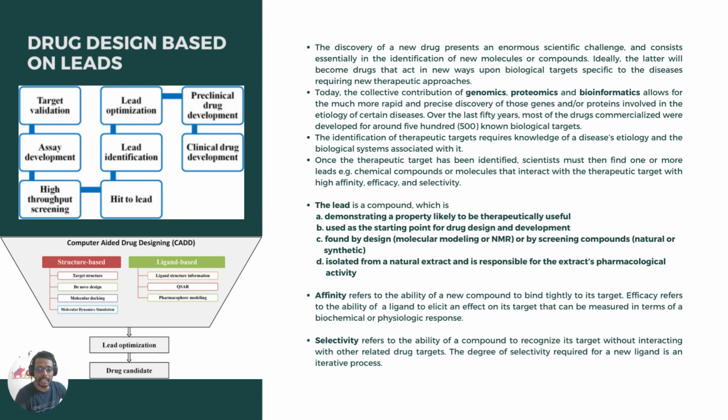Based on this, today the collective contribution of genomics, proteomics, and bioinformatics, these various branches of identifying different genes, their proteins, their structures, allows for much more rapid and precise discovery of those genes or proteins which are involved in the etiology of certain diseases, or in the activity for the cure of certain diseases.